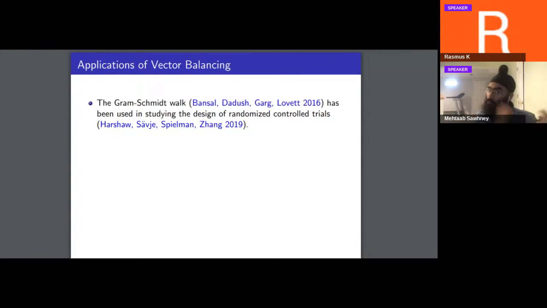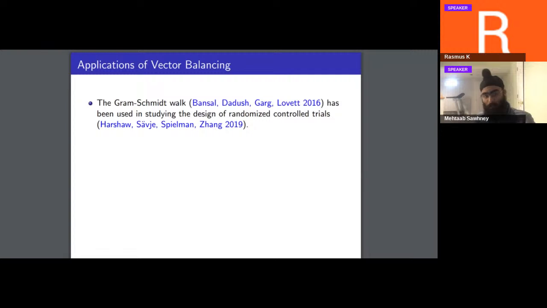Using this Gram-Schmidt walk, they were able to think about designs of randomized control trials. You have a bunch of participants with associated covariates, and you want to split them into 2 groups so that the 2 groups are as close to each other as possible in some sense.